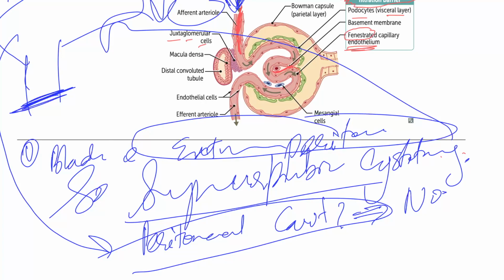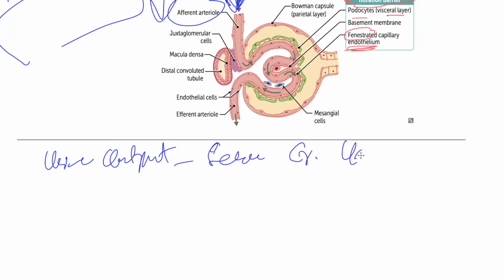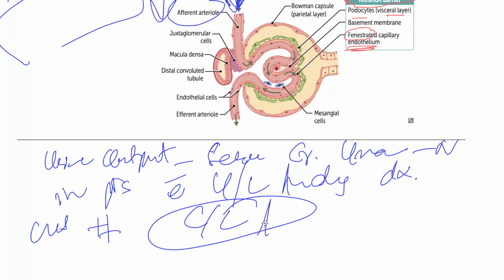And another extra point is that urine output and serum creatinine and urea remain normal in patients with unilateral kidney disease, because the contralateral kidney, which is working, will compensate for the affected kidney.